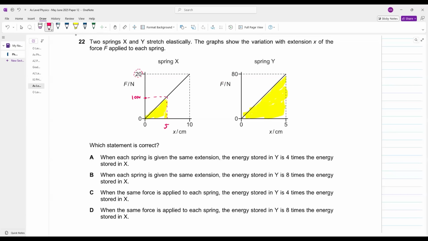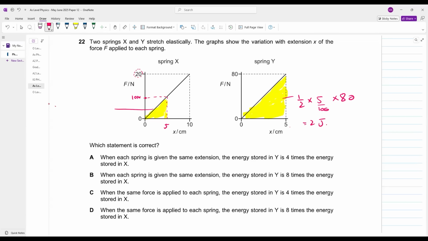So how will we calculate this area? 1 upon 2 into base, that is 5, divided by 100 to convert it into meters into the height. So ये आ जाएगा 0.5 into 0.05. This comes out to be 2 joules, sorry. This is the energy, right? So this comes out to be 2 joules.